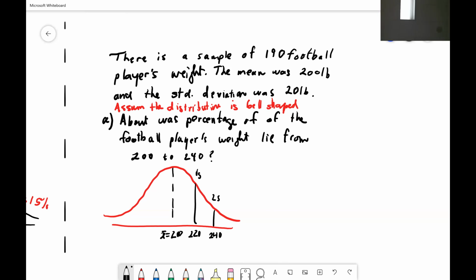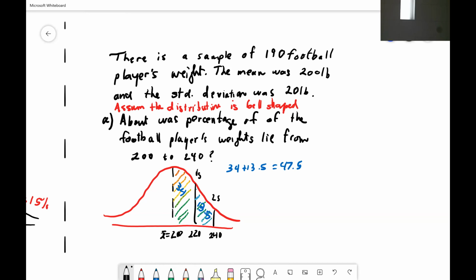So about what percentage of football players' weights lie from 200 to 240? That's this area here and this area here, all combined. So you know this is 34, and this is 13.5. If you take 34 and add 13.5, you get 47.5.